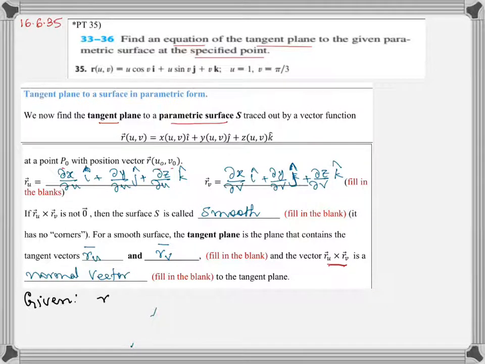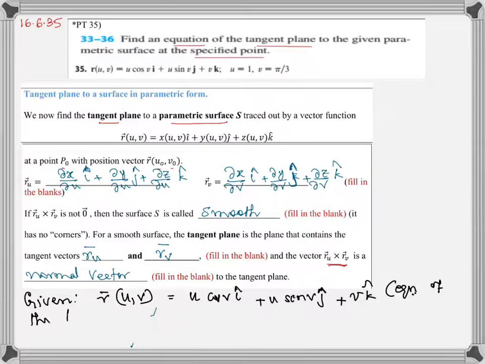Now here we are given r(u,v) = u cos v i + u sin v j + v k.